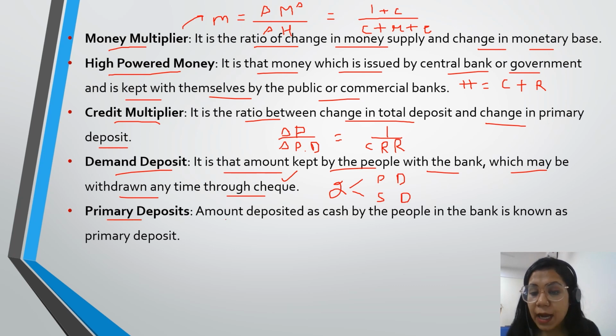See, the amount deposited as cash by the people in the bank, this is known as the primary deposit. So basically the cash that we put in or deposit in the banks is our primary deposits, and these deposits are used by the banks for credit creation. Now what are secondary deposits?